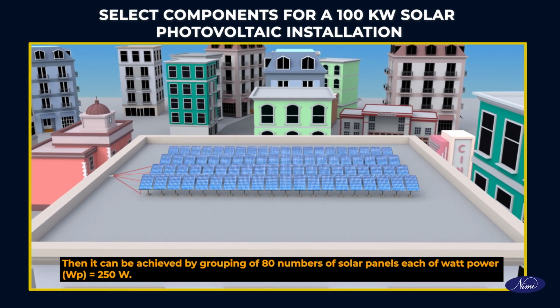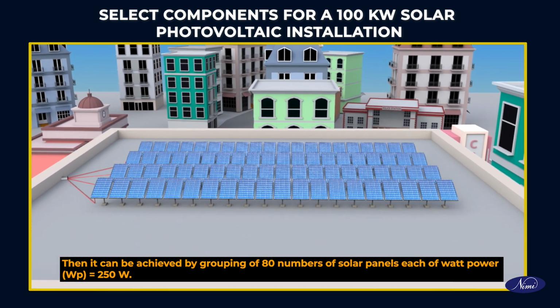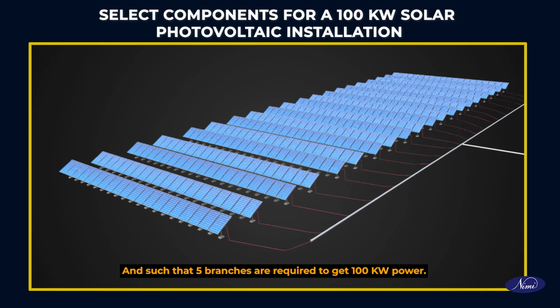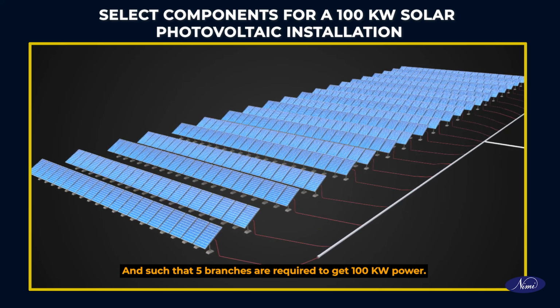Then it can be achieved by grouping 80 solar panels, each of 250 watt peak power, WP is equal to 250 watts, such that 5 branches are required to get 100 kilowatt power.